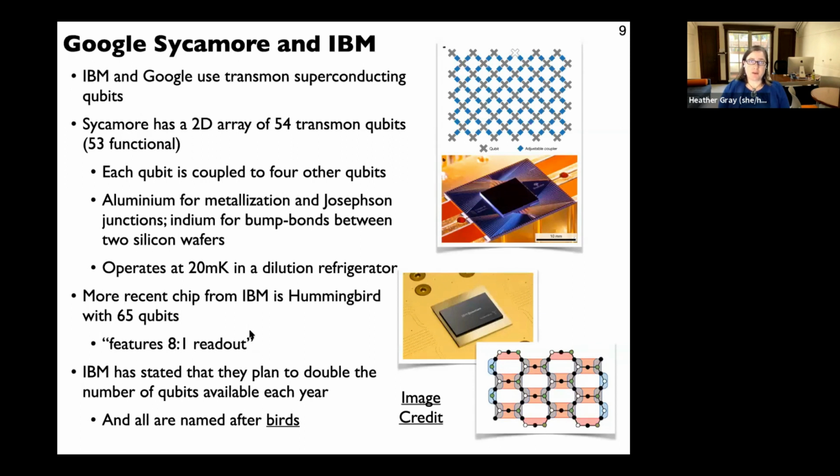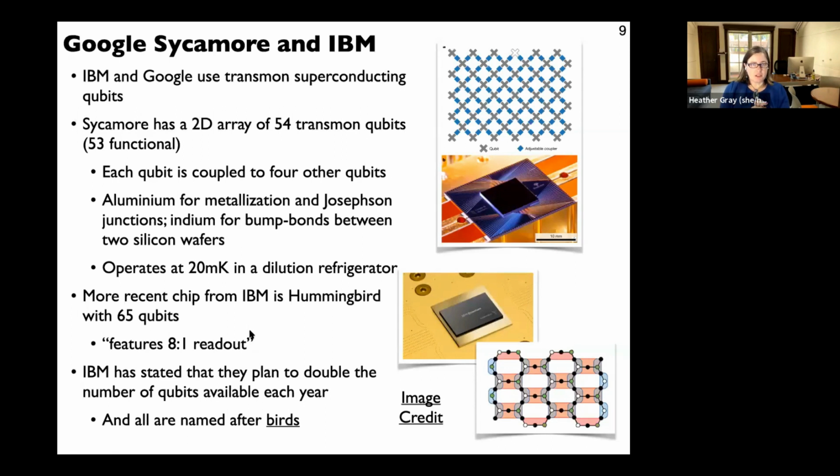Another problem that one has is that as the number of qubits increases, it becomes difficult to actually read out the information from all the individual qubits, because you end up having this tiny thing with all these different wires, kind of similar to how we have with our particle detectors. So what they've done here with Hummingbird is they use this 8-to-1 readout, where they managed to read out 8 of them over one wire. Unfortunately, I didn't find any more details on exactly how they did it. I assume it's some sort of algorithm where you can still recover the information that you need.